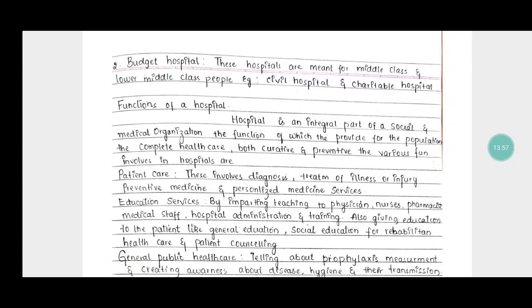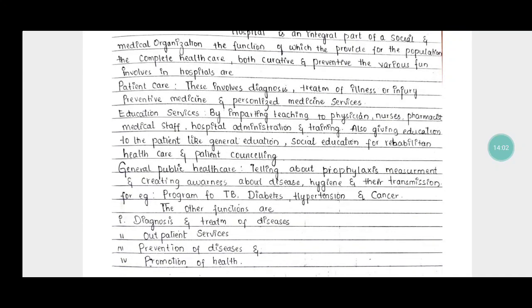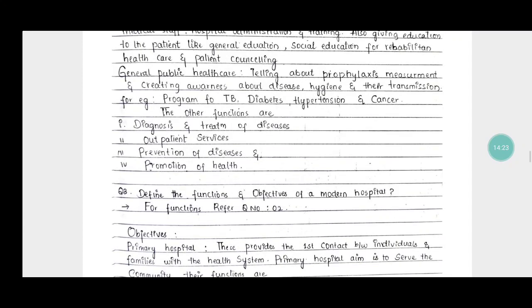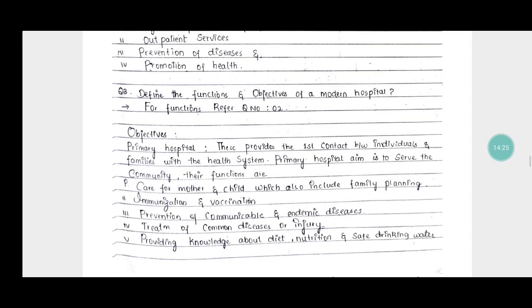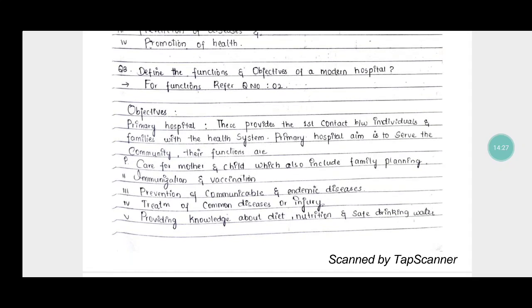The various functions involved in hospitals are patient care, education services, where the doctor or the assistants provide education services to the patient, and general public health care. The other functions of hospitals are diagnosis and treatment of disease, outpatient services, prevention of diseases, and promotion of health.